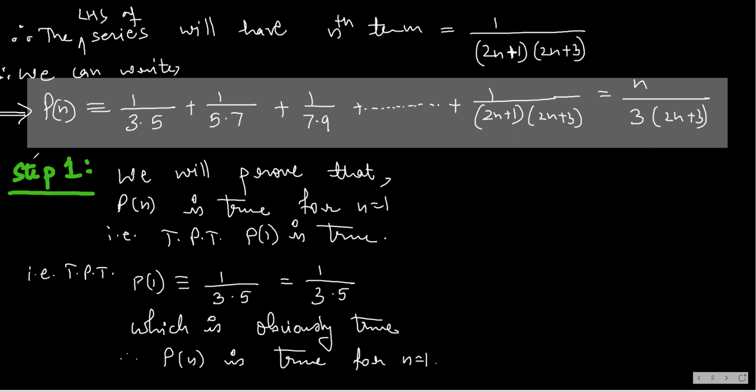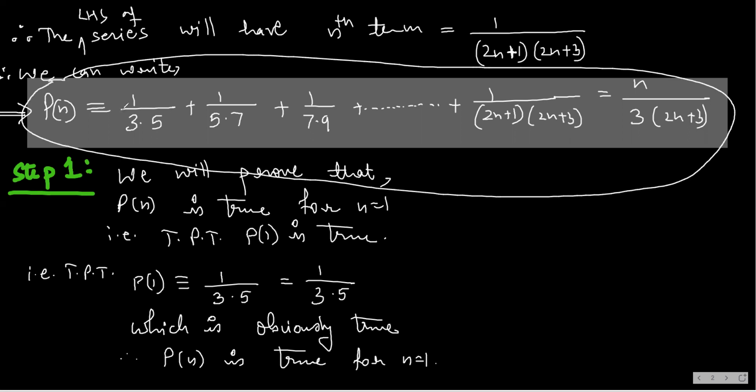And using that assumption, we will prove that P of n is true for n equals to k plus 1.